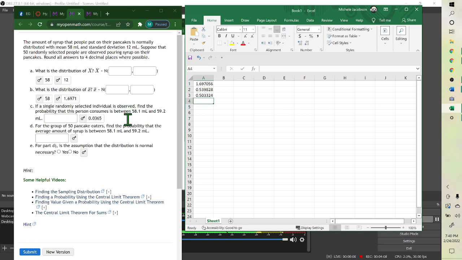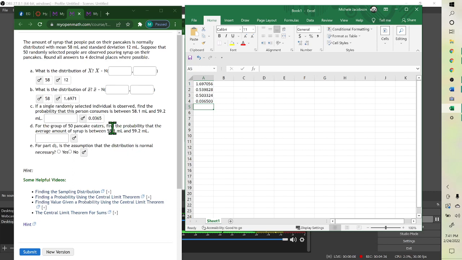So below 58.1 is 0.5. For the value between them, you subtract. So we would put equals, and we'll click on the first one. Then you put a minus sign and click on the second one and hit enter, and there's your answer, 0.0365.